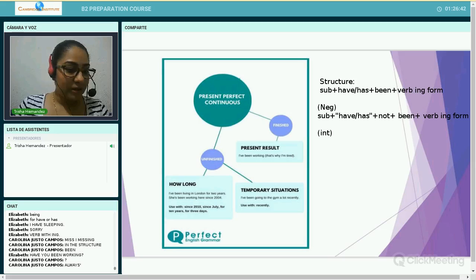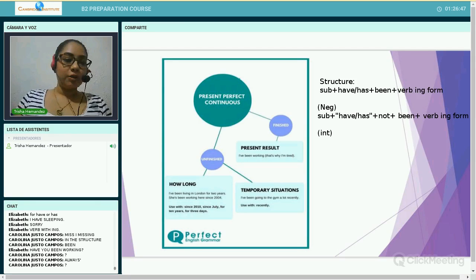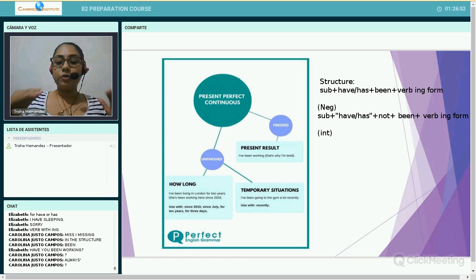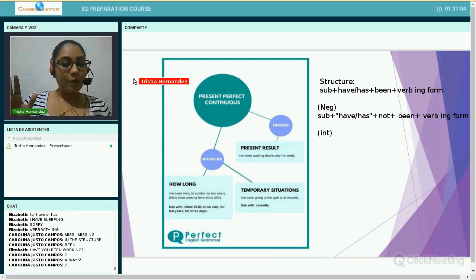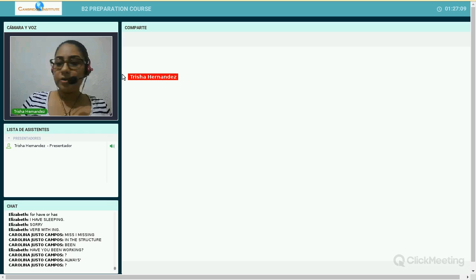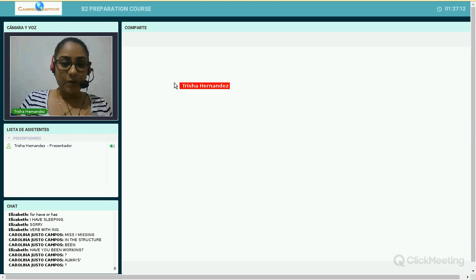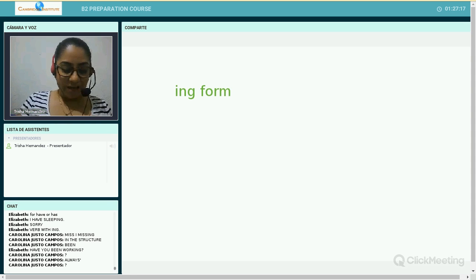Like Elizabeth said, have you been working? Let me explain to you. I'm going to manage it like this. For continuous tenses, we always use the verb to be, right? For continuous tenses, we usually use the ing form.